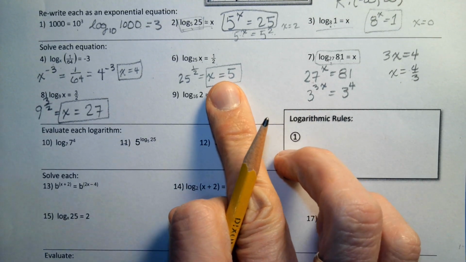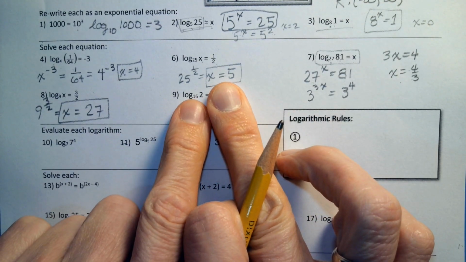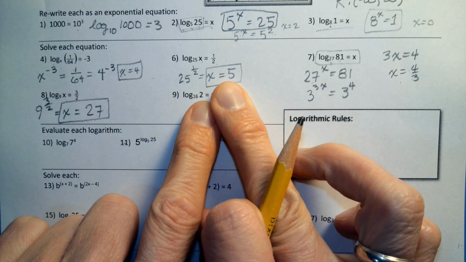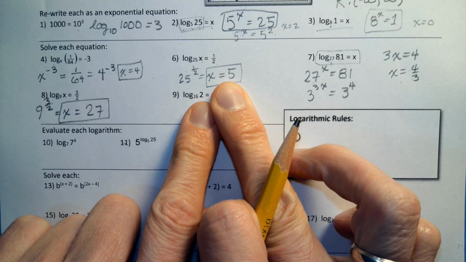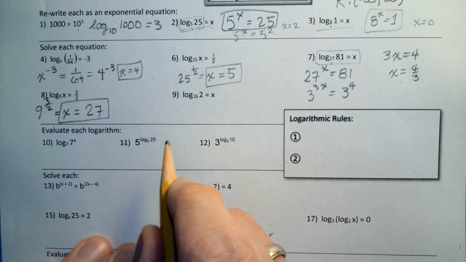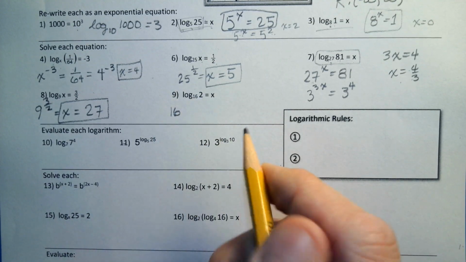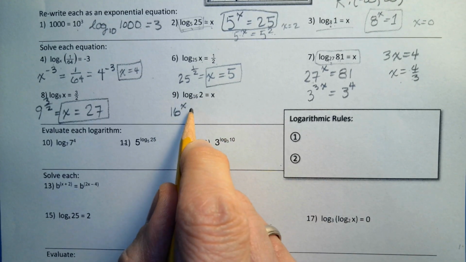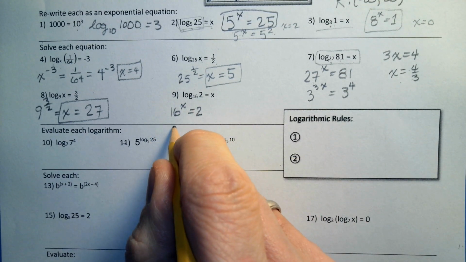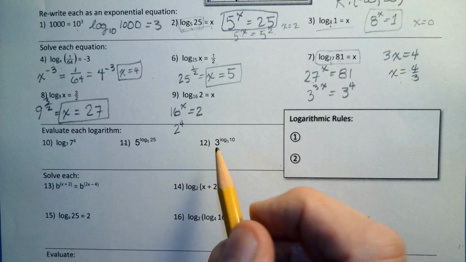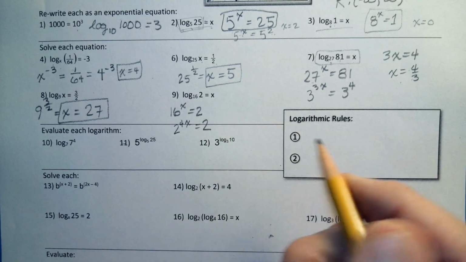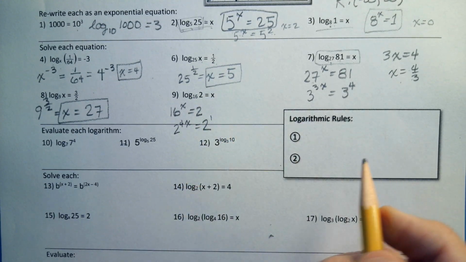This whole thing is equal to the value you'd have to raise 16 to. So 16 raised to what power is equal to 2? You might be able to do that in your head already, but if not, convert it. 16 to the x equals 2, and now make these bases the same. 2 to the 4th is 16, so 2 to the 4x equals 2 to the 1, if you will.